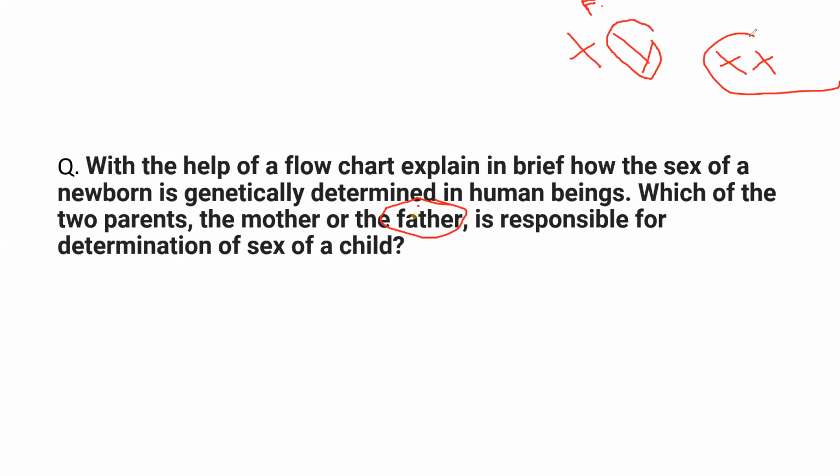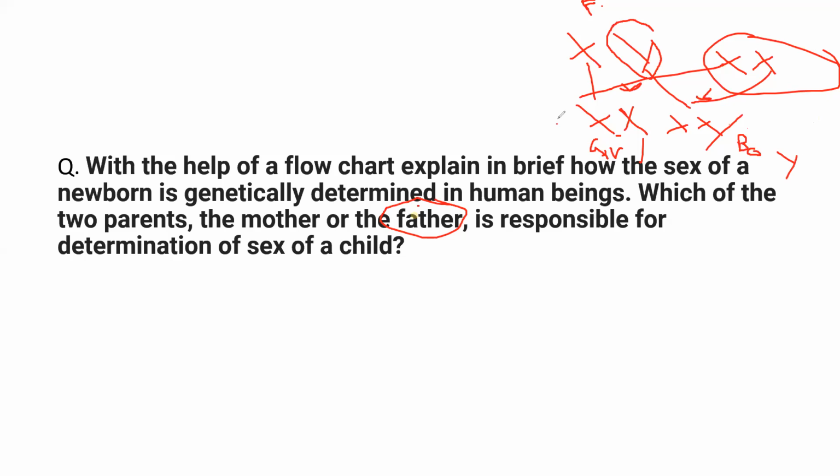Mother has both X, right? So first of all, 2 possibilities is XY and XX, the child, when these cross. So if father contributes X and mother contributes X, you get XX, which is a girl. And if father contributes Y and mother contributes X, you will get a boy. So there are only 2 possibilities. So you can conclude that father is responsible for the determination of the gender of the child.